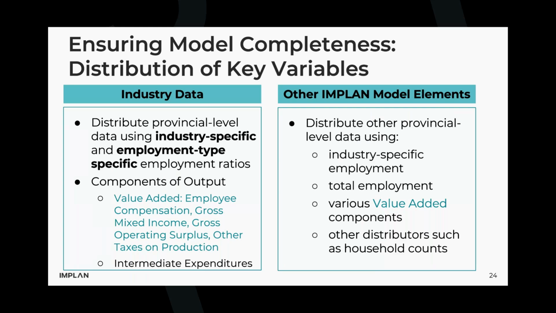So a great example of this is household demand. If a given economic region has 20% of the households in that province, they will represent 20% of the province's household final demand. This process ensures that the resulting IMPLAN model for each economic region is comprehensive, balanced, and ready for economic impact analysis.